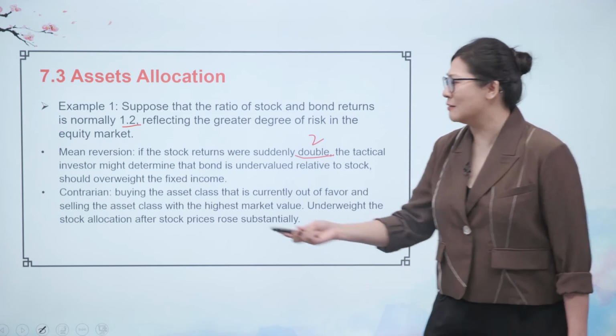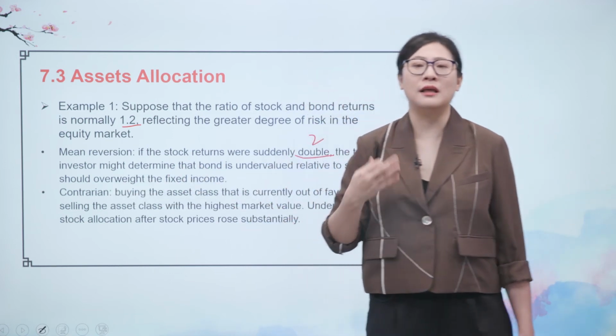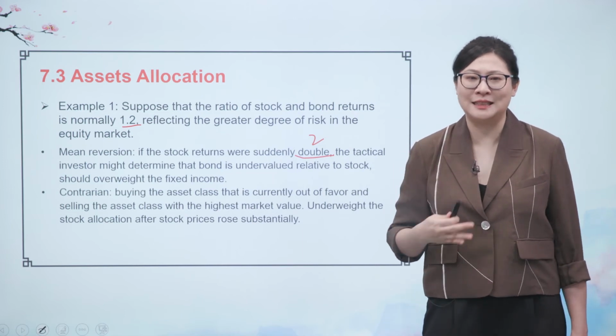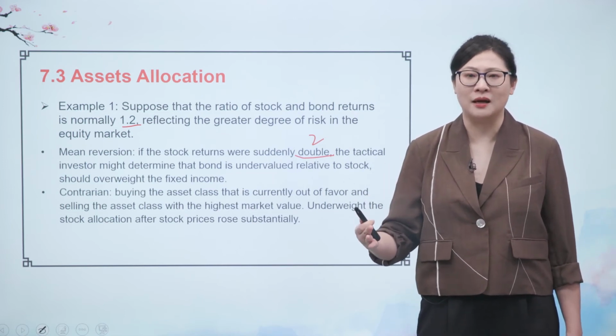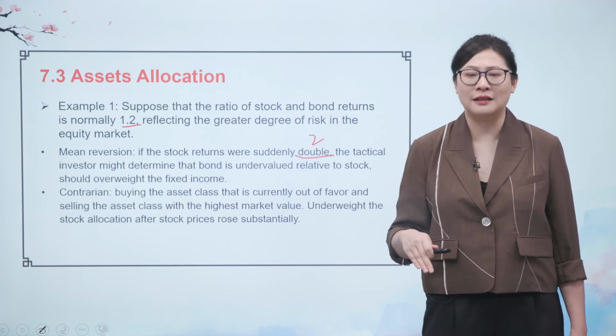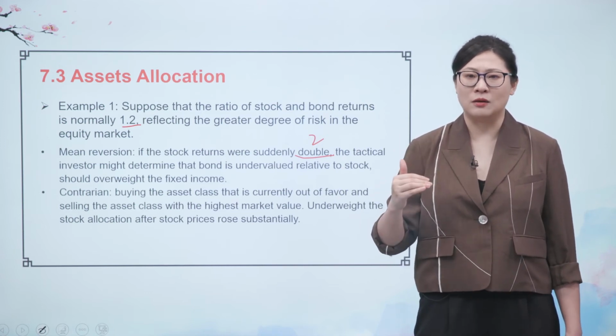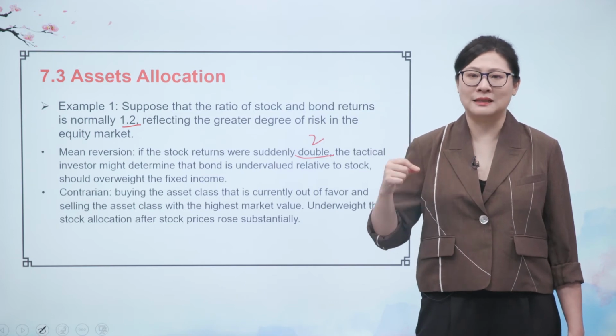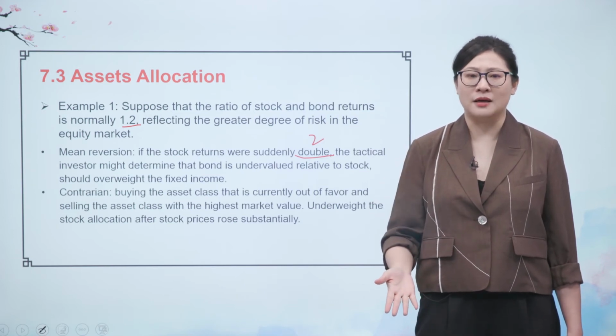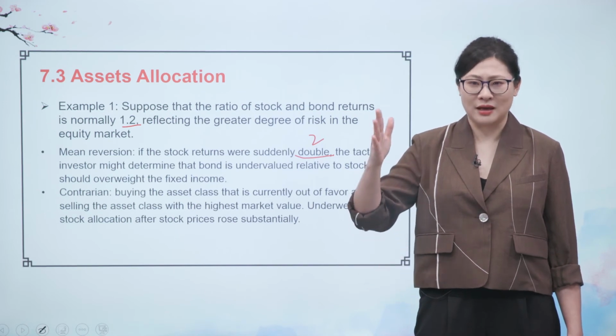And also, if you are a contrarian investor, which means the same as mean reversion, definitely you will invest in the stocks or bonds which have the lowest level, and then you think they will recover.